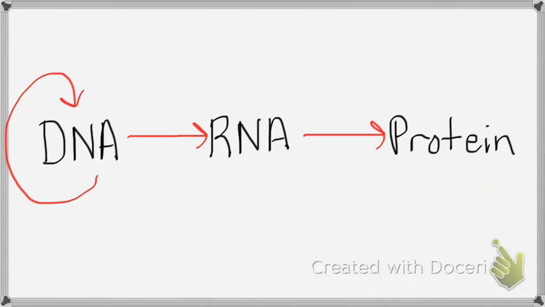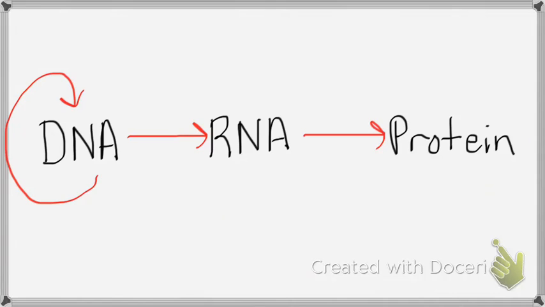Each arrow up here stands for one of the three words we just had. Those three words are number one under exercise 11, DNA, biology, and technology. The three words are replication, transcription, and translation. We just have to figure out what word goes with what arrow. Okay, so the first one shows DNA copying itself and making DNA.